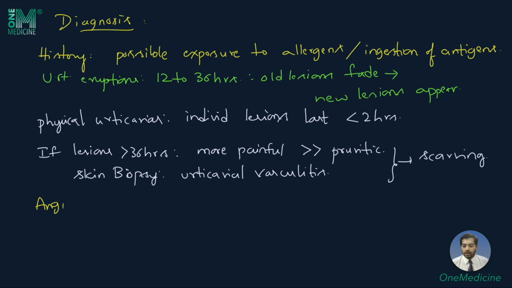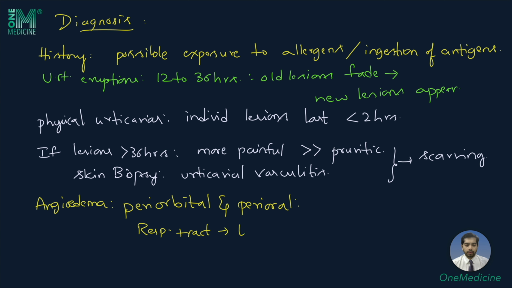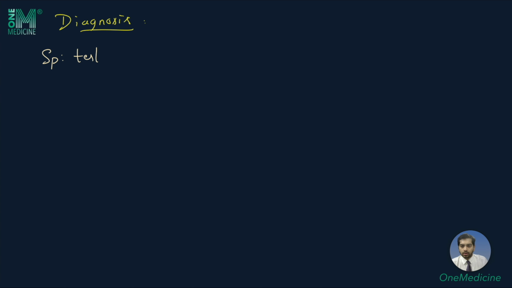For angioedema, the common sites are periorbital and perioral. Respiratory tract involvement can become life-threatening. Specific tests include allergen testing with various foods or pollens and certain common chemicals.